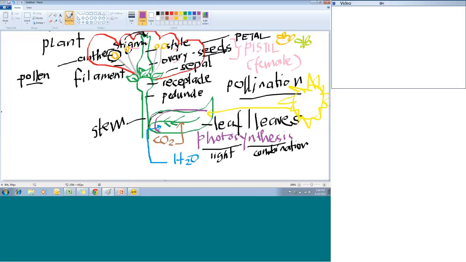And this process, where we combine the sunlight, the carbon dioxide, and the water, is what we call photosynthesis, which has an end product of sugar, or what we call glucose. Now, once glucose is made in the leaves, it gets transported by the stem to the other parts of the plant.